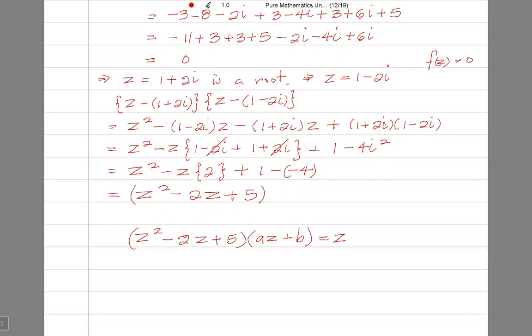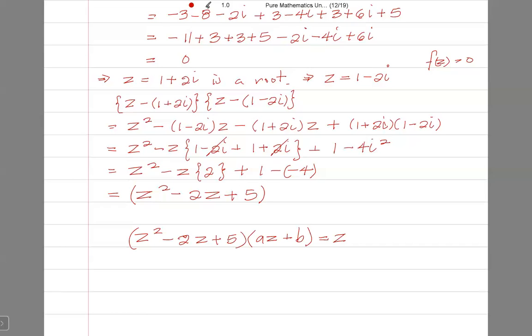No, sir, I'm talking about the part where you said z minus (1 plus 2i) in brackets, and then you have z minus (1 minus 2i). What I'm doing is multiplying the two linear factors so I can get the quadratic factor.